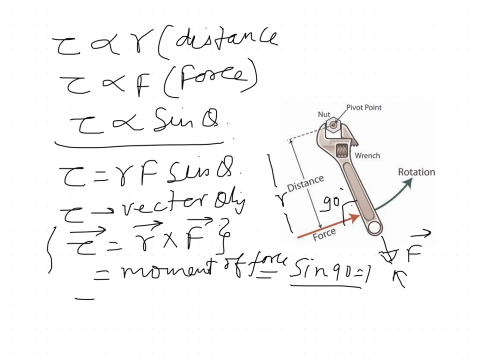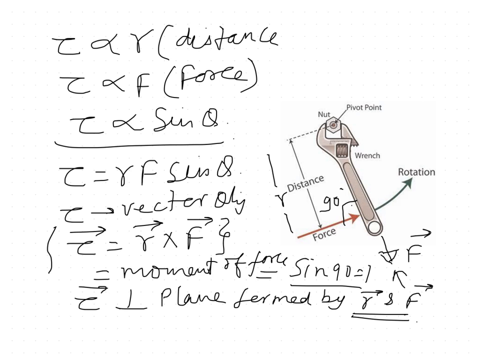The direction of this torque is determined by the right hand screw rule, where torque is always perpendicular to the plane formed by r and F. It is an axial vector and always acts along the axis of rotation. So this is how we can define torque.